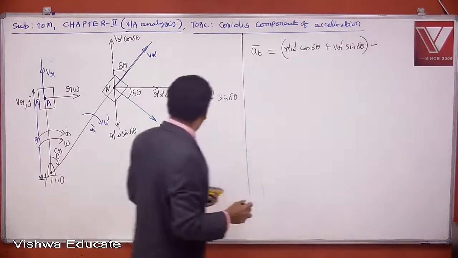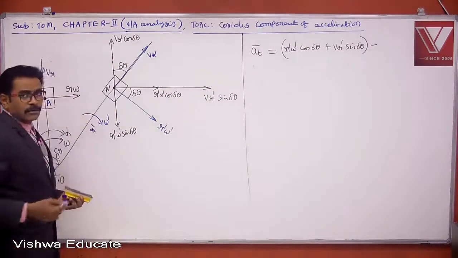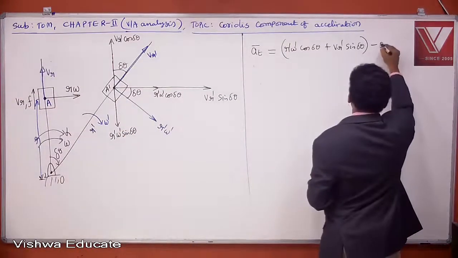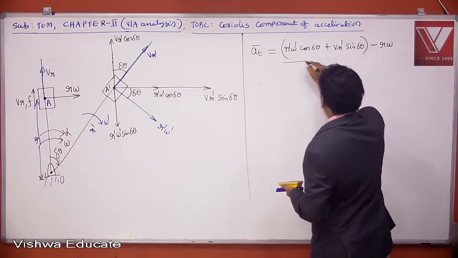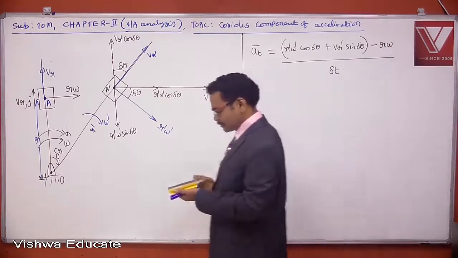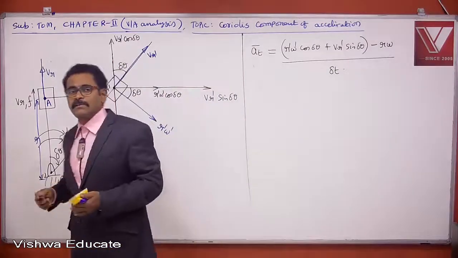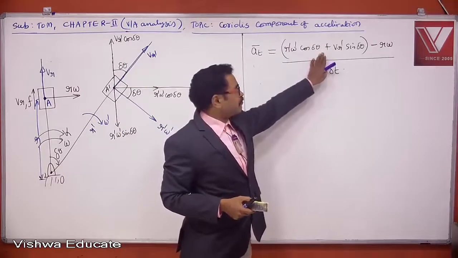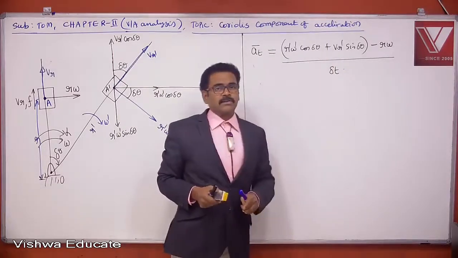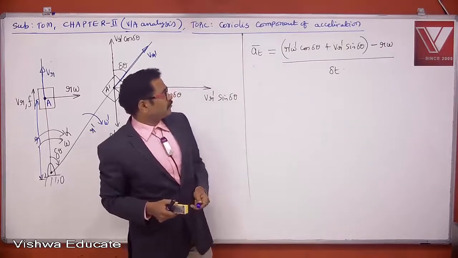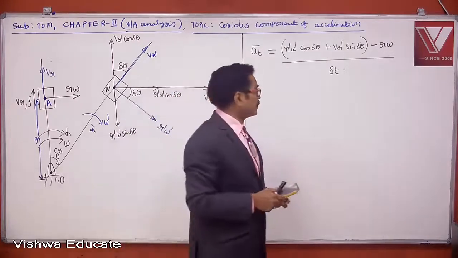What is the initial tangential velocity? R into omega is the initial tangential velocity. That means minus r omega, divided by delta t. The rate of change of tangential velocity gives you tangential acceleration. So this is the final tangential velocity component, that is the initial velocity component. So the rate of change of tangential velocity gives me total tangential acceleration.